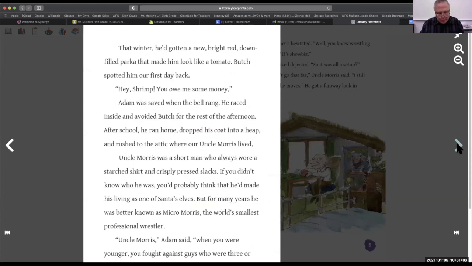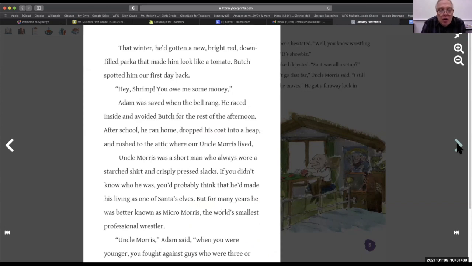That winter, he'd gotten a new bright red down-filled parka that made him look like a tomato. Butch spotted him our very first day back. Hey, Shrimp, you owe me some money. Adam was saved when the bell rang. He raced inside and avoided Butch for the rest of the afternoon.